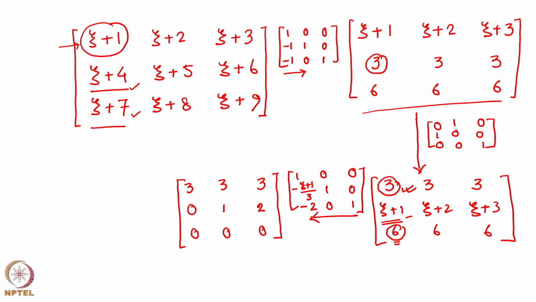Is that okay? And you see, we are done. This is already upper triangular form because these entries have already become 0. This is coincidental, and I did not want to make this 0. It just became 0.